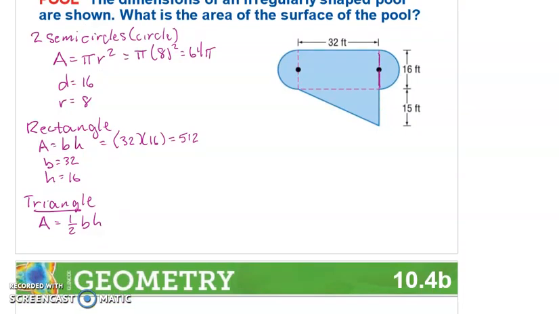So the base of the rectangle is the same as the base of the triangle. So the base equals 32. The height of that triangle is over here. It's the 15. So this equals 1/2 times 32 times 15, which is 240.